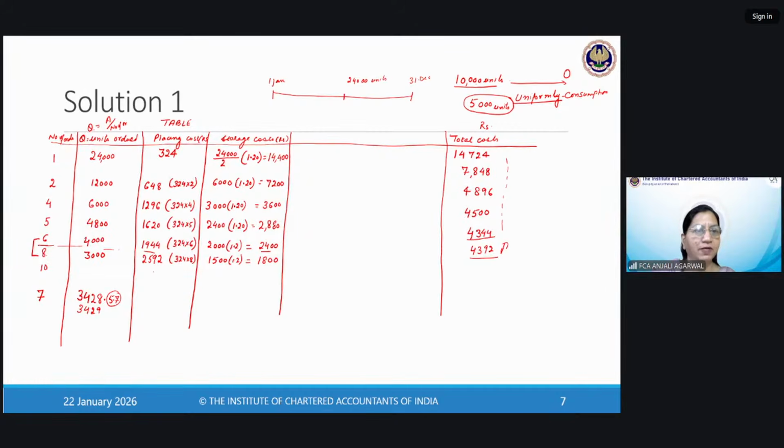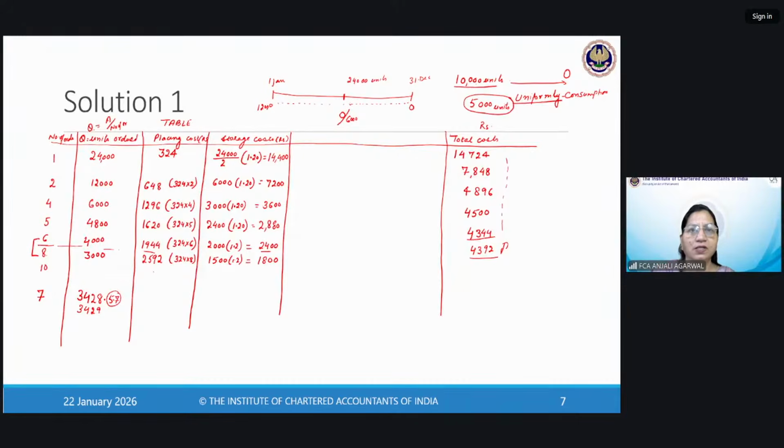So if you are going to place 2 orders, here you will place 12,000 units, and you will keep on consuming it over 6 months, 2,000 units every month, and you will get to 0 units. Somewhere here you will place an order so that by the time you reach 0, you receive these units. So exactly here, when you receive the units, you are again at 12,000. Once again, you keep on consuming for the next 6 months, 2,000 bearings every month, and once again you fall to 0.